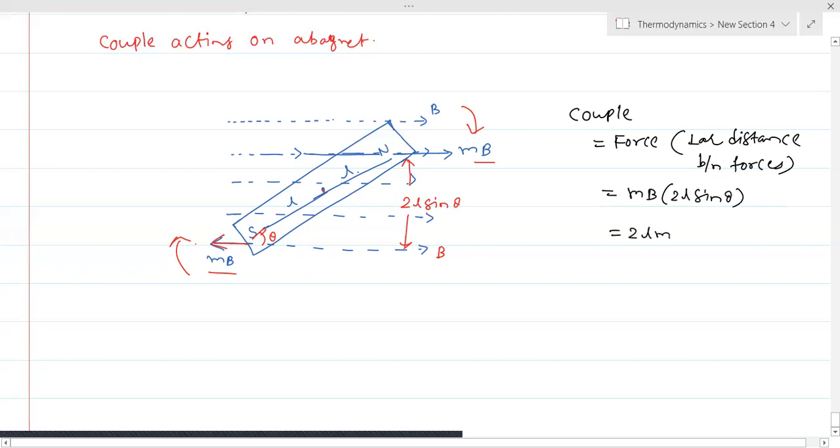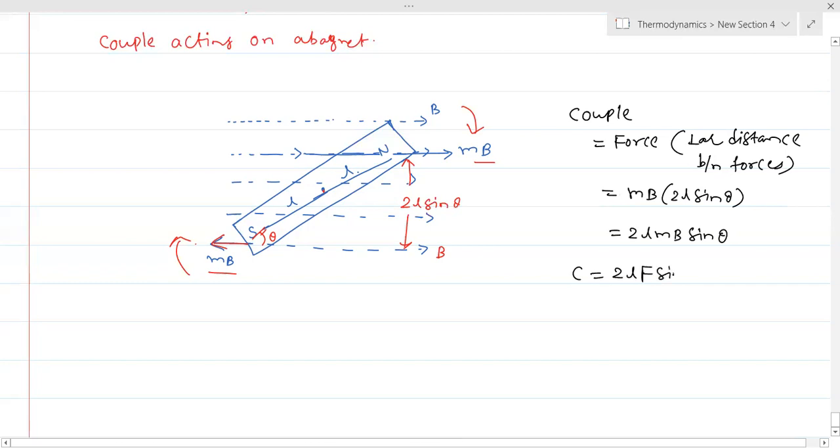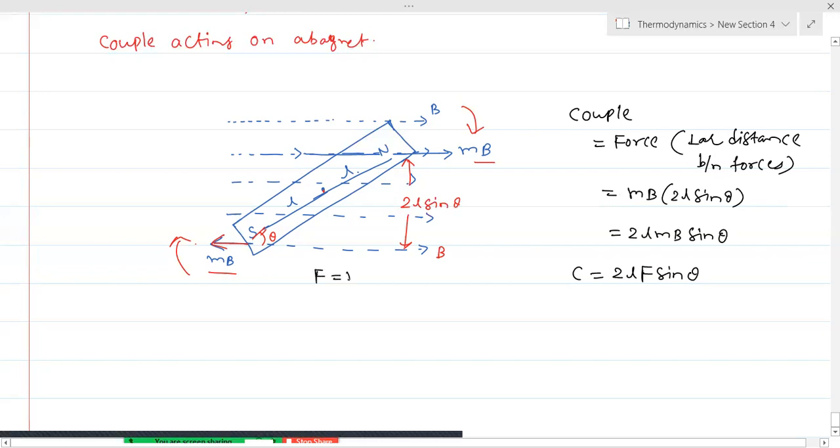Therefore C equals 2L mB sine theta, which is 2L F sine theta, where F is the force acting on a single pole.